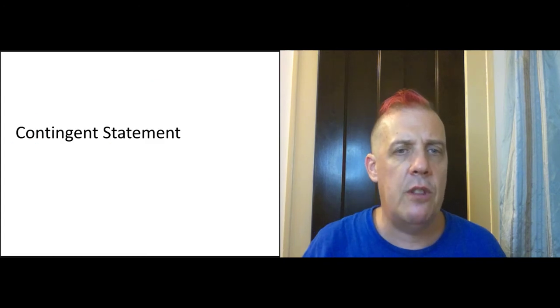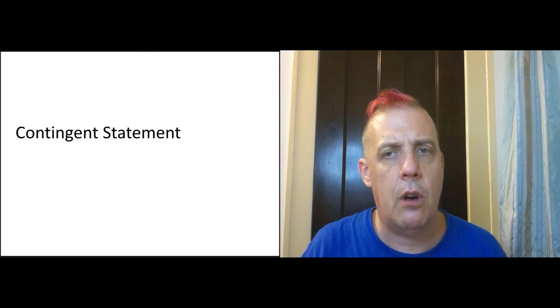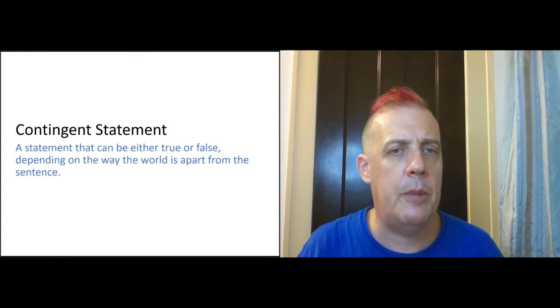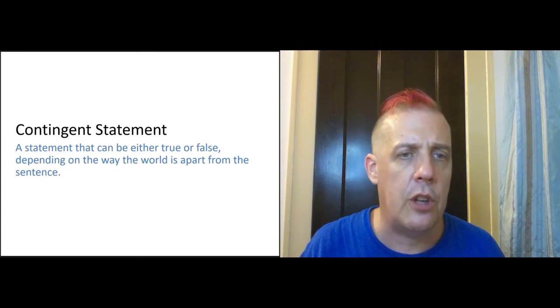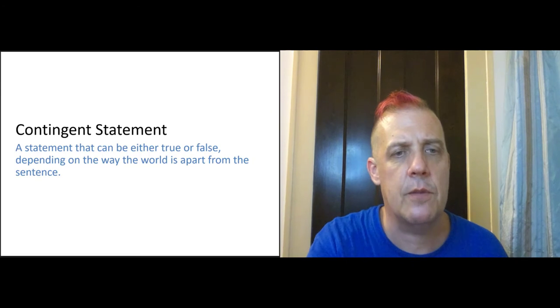So in between the realm of contradictions and tautologies, there are all the contingent statements. These are statements that could be either true or false, depending upon the way the world is apart from the sentence, right?